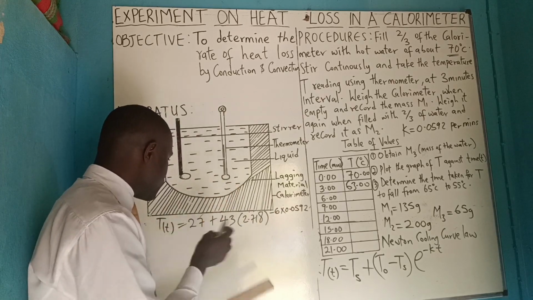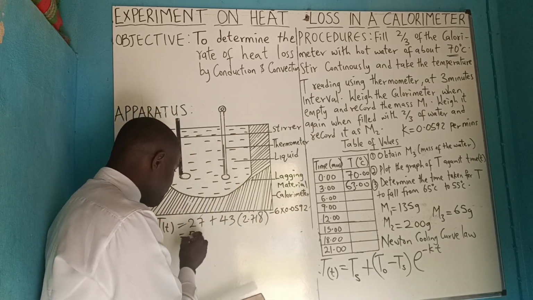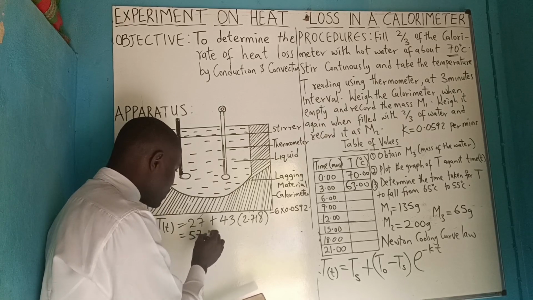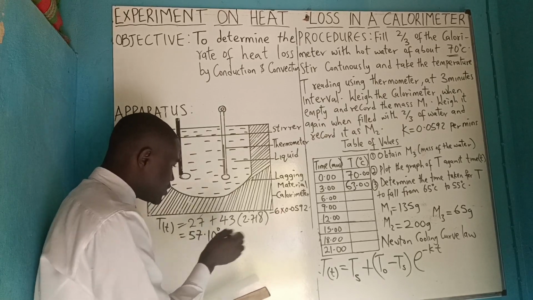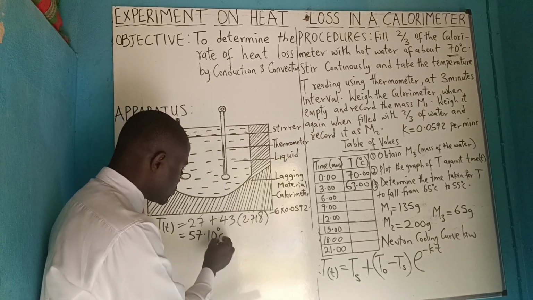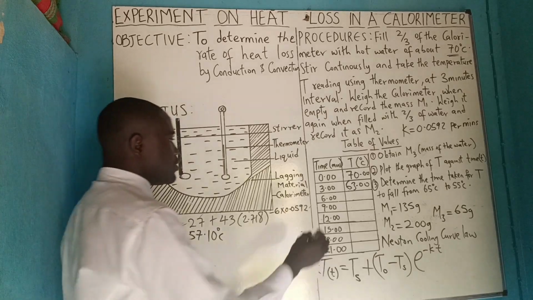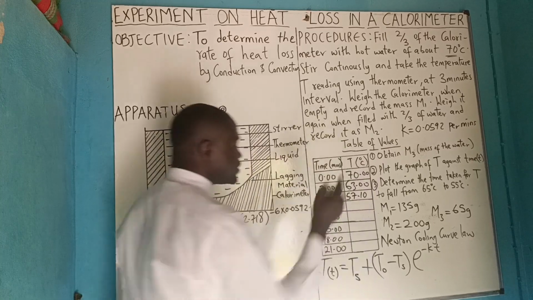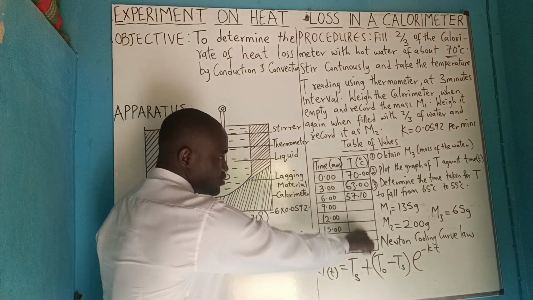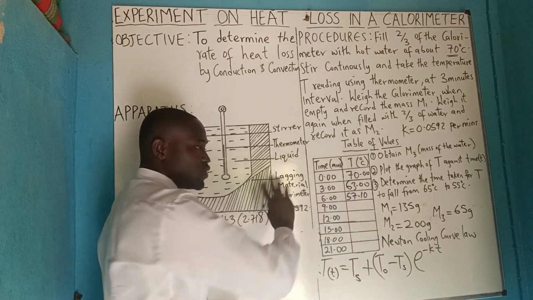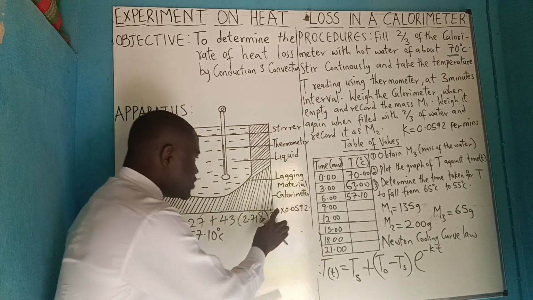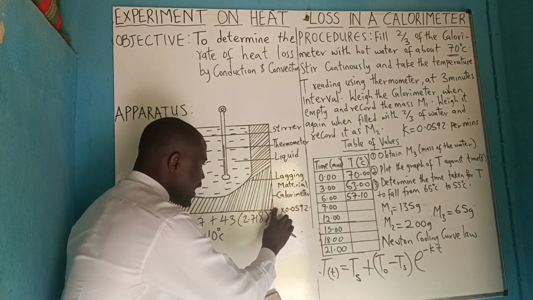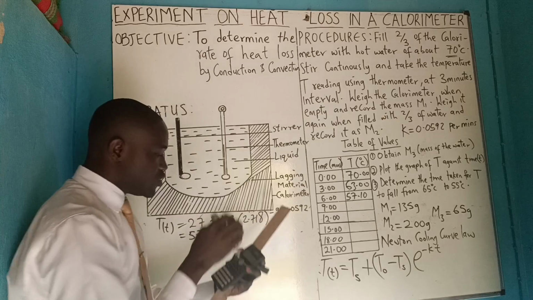We have it to be 57.10 degrees Celsius. Okay? We write it here. 57.10 degrees Celsius. Please, you don't write degrees Celsius continuously. Just this one will take care of it. You change here to what? 9. That is just it.